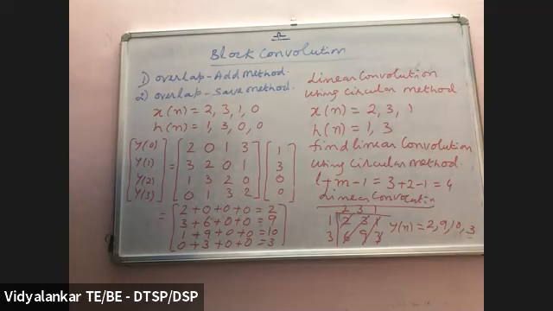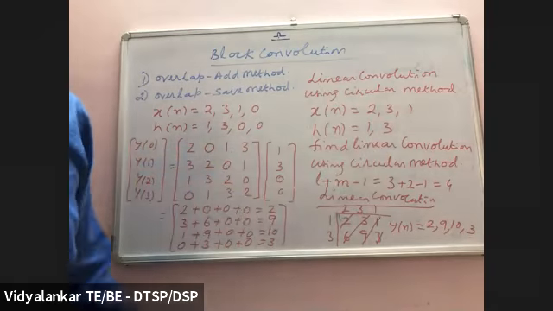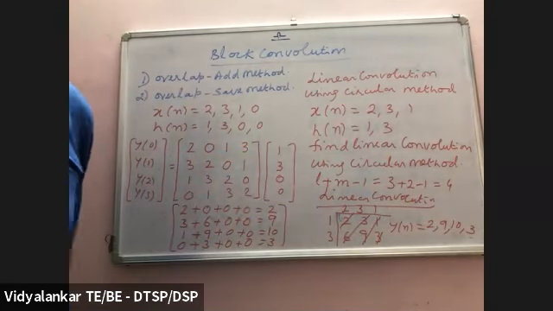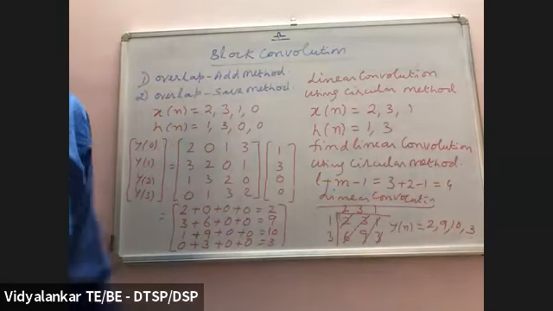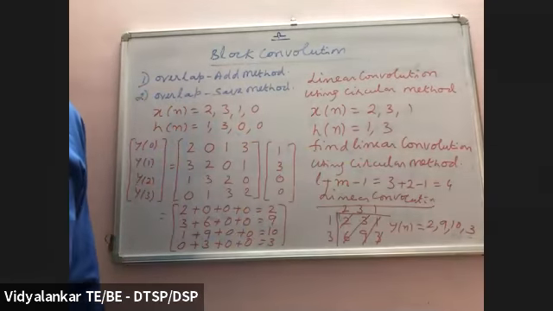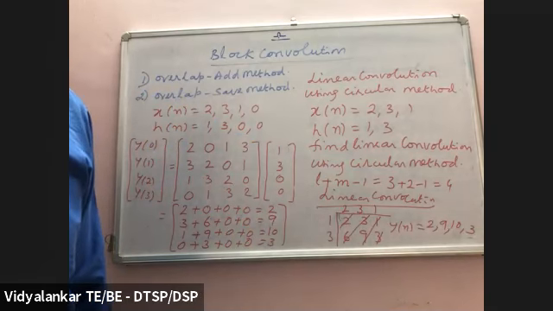Sir, in this method, first we will calculate this linear convolution, and then we will extract how many outputs. Yes, perfect. If you want to apply the circular method, if you want 4 outputs, X and H should have 4 values.